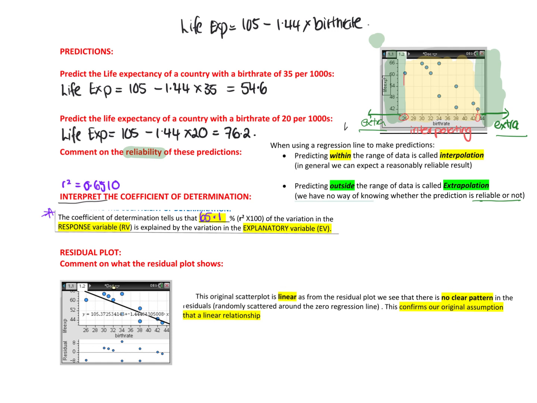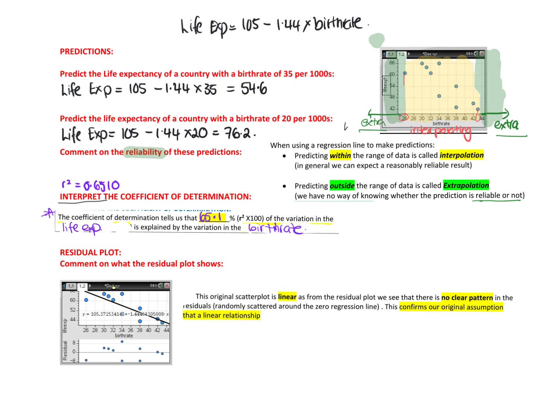So I might say 65.1% of the variation in, now here is where I'm going to delete this response variable, and you're going to write what it actually is. So in this example, the variation in life expectancy is explained by the variation in birth rate. Okay, and there we have that.